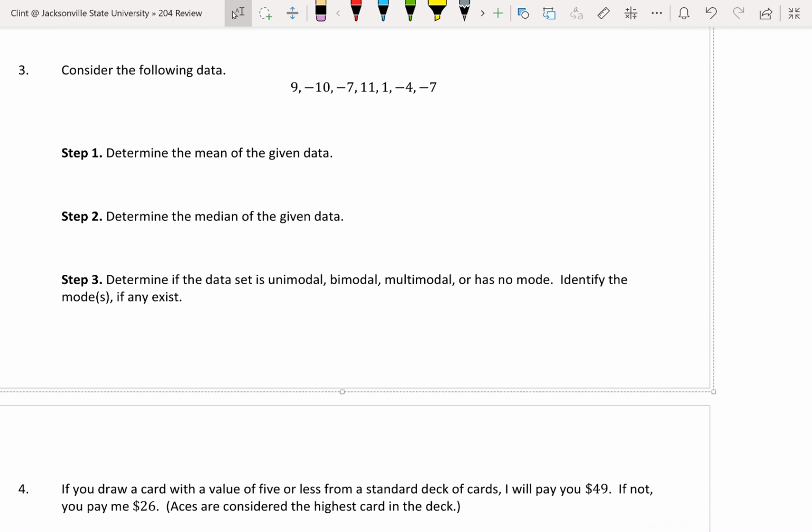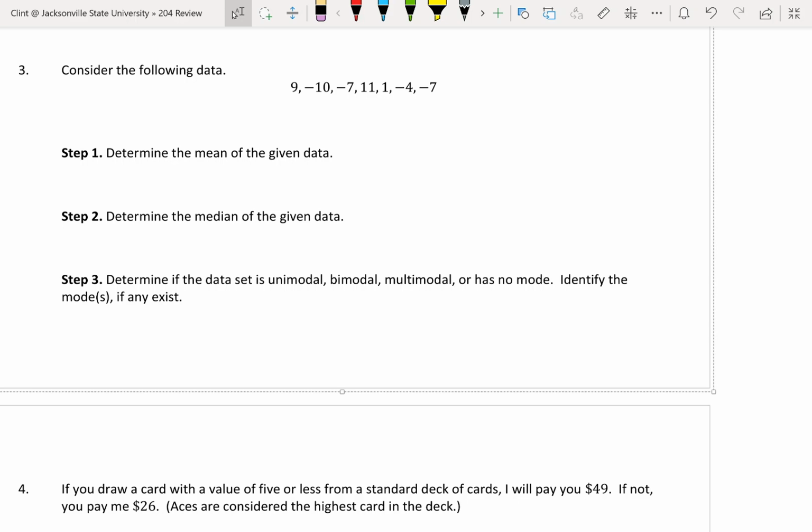All right, number 3 gives us some data. Tells us find the mean, median, and mode. So we'll start with the mean. How do we find the mean of a data set? Add them all up, divide by how many we have. That's right. So let's see on this one.